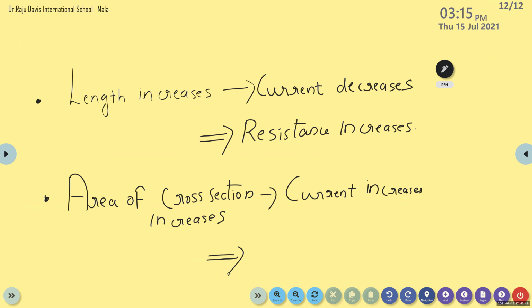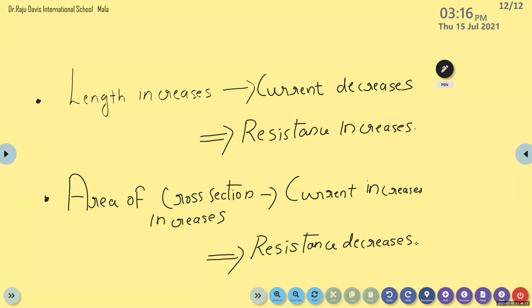Resistance decreases. Very good. According to Ohm's law, we know that current and resistance are inversely proportional to each other. So if current increases, then resistance decreases in this case. Is it clear?